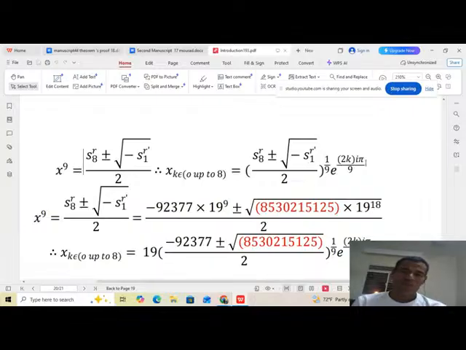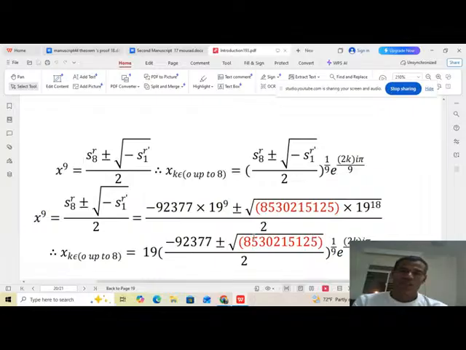Just by substitution, we find that xk is equal to negative 92,377 times 19 raised to the power 19 plus the root of 8,530 billion 215,125 times 19 raised to the power 18. You see 19 raised to the power 18 comes here.